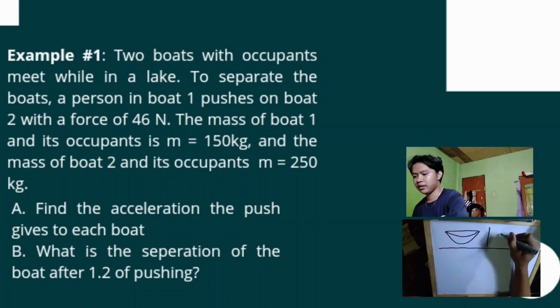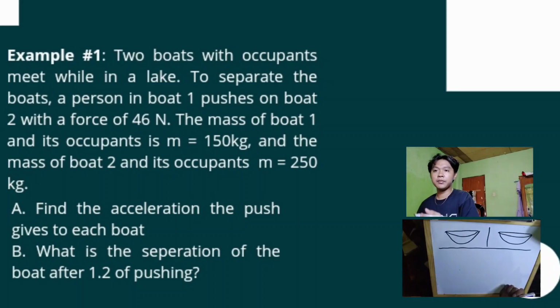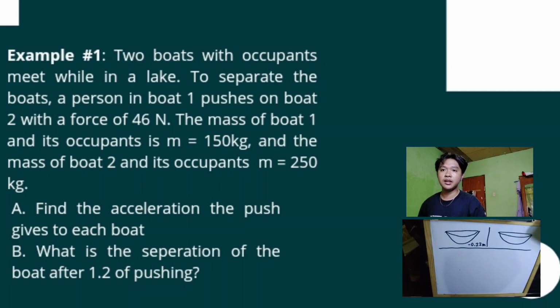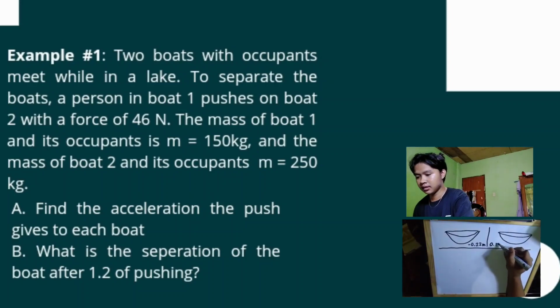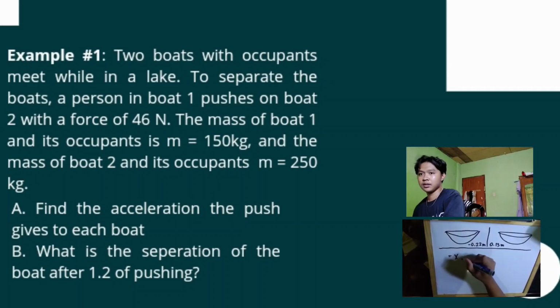So here are the two boats. From the origin, the distance now of boat 1 is negative 0.22 meters, while for boat 2, from the origin, the distance now is 0.13 meter. So in order to know the total separation of the two boats, we simply subtract x sub 2 minus x sub 1.